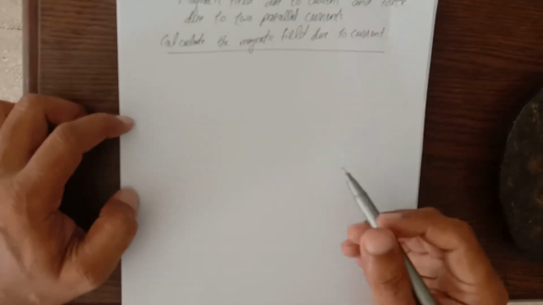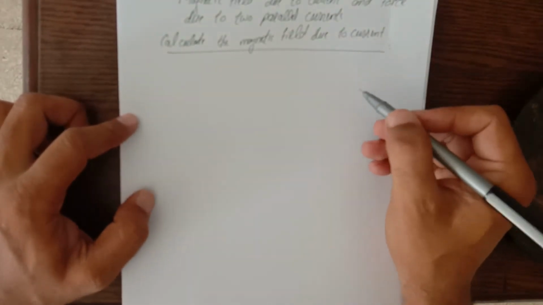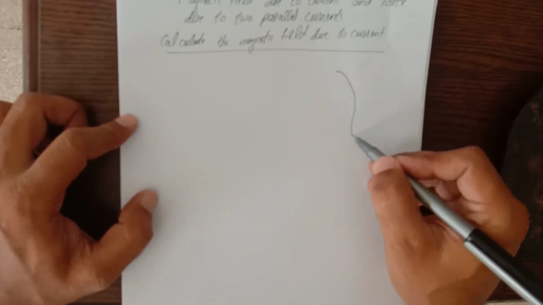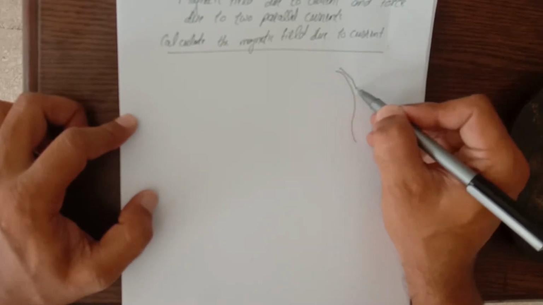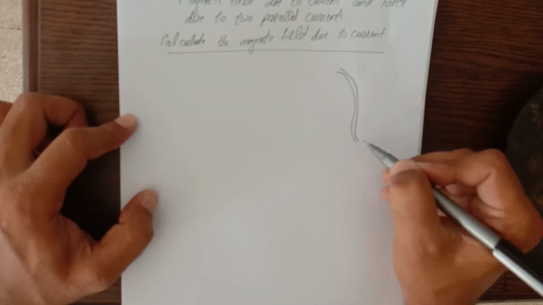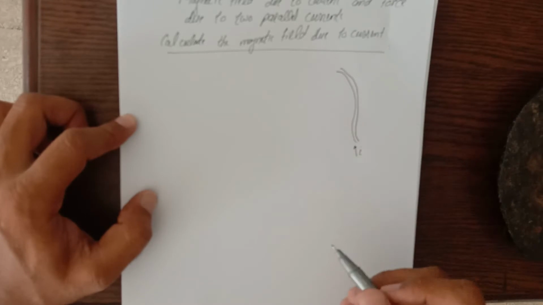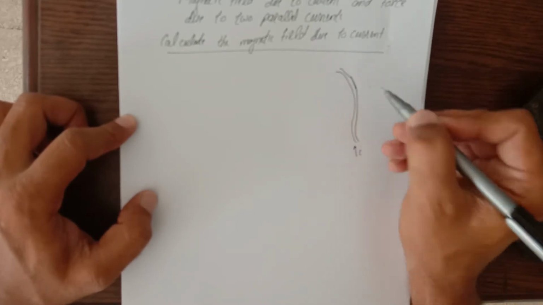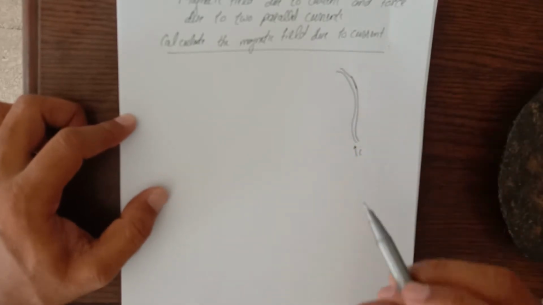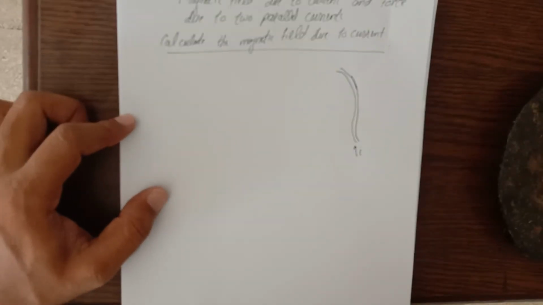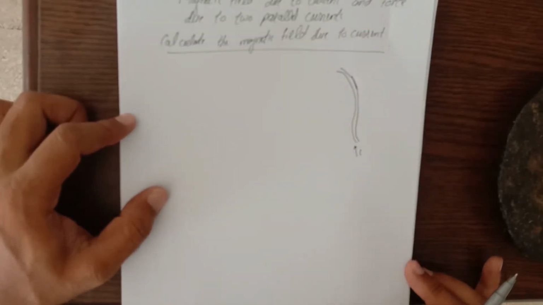First of all, I would take a current element, a non-uniform current element, in which the current is flowing through this non-uniform wire, like this one, from let's say bottom to top.